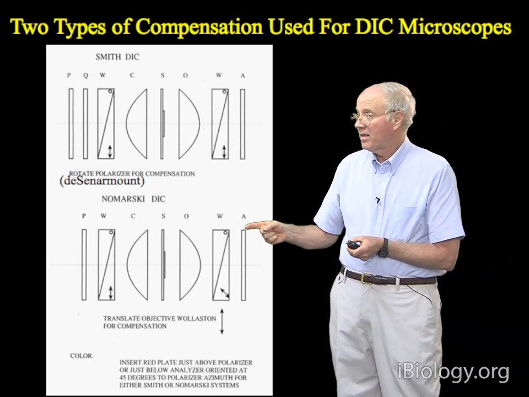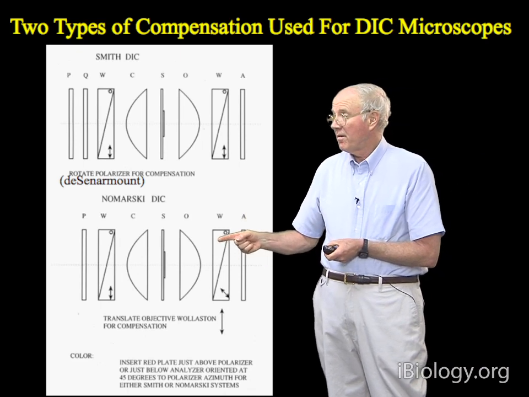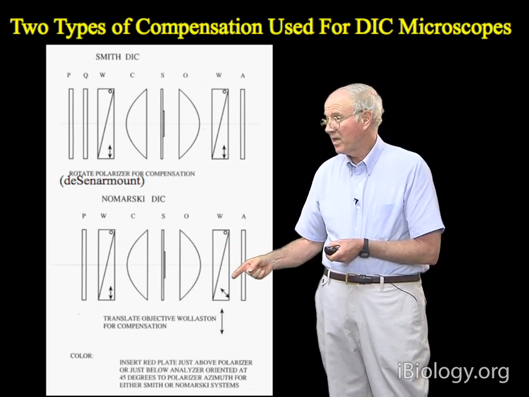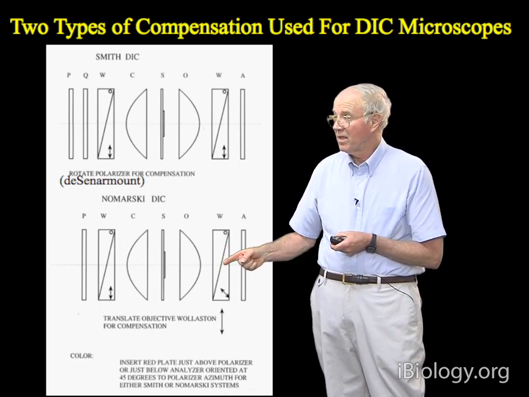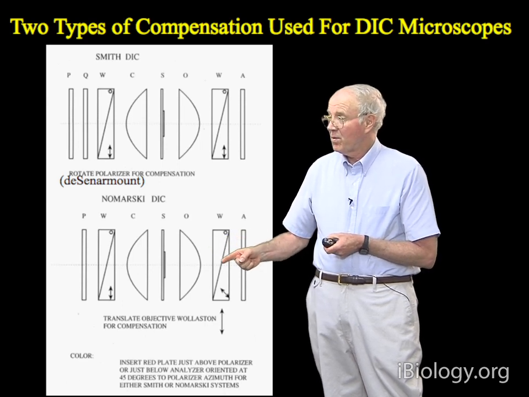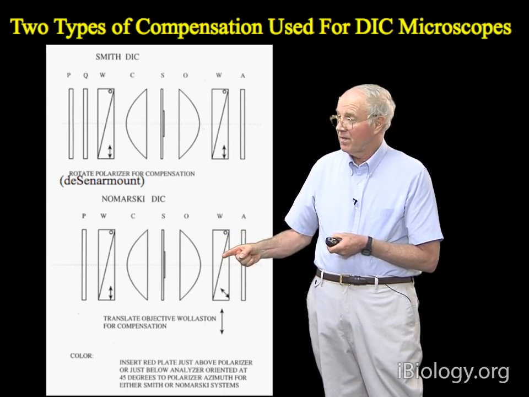Normarski modified the design of the Wollaston prisms, making the axis of one of the wedges different, and this allowed the prism to be put outside of the objective.